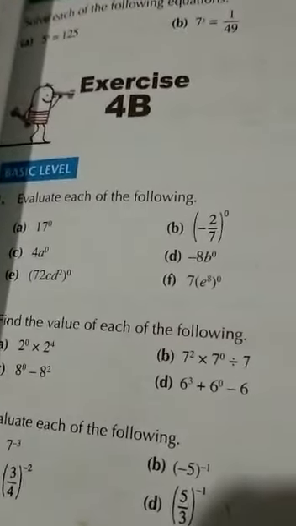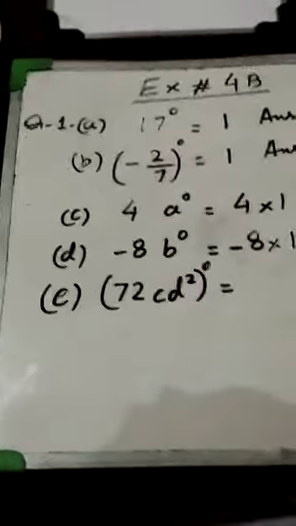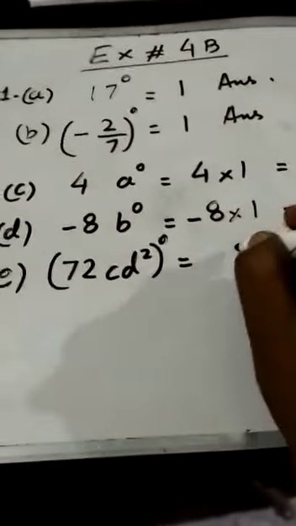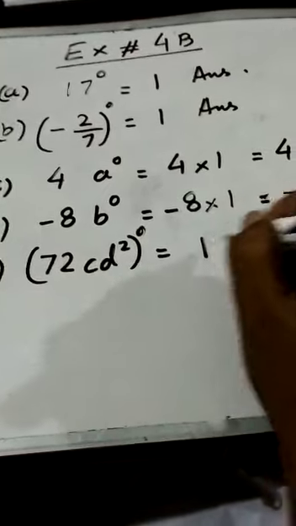Okay, so if there is a 0 over something which is a bracket, then the same concept will be applied over here, and this whole thing will become 1.